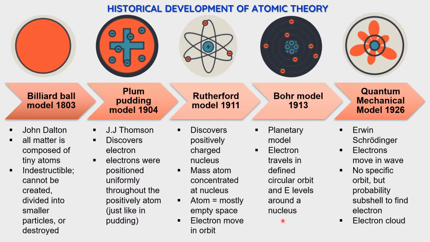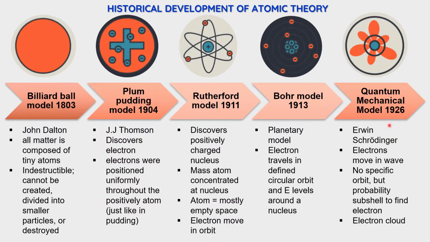So in this model, Bohr improved on what Rutherford could not explain. Bohr's atomic model, however, has some limitations. His theory can explain well for the hydrogen atom or hydrogen-like species. But this model cannot be extended to multi-electron species. So that is one of the limitations of Bohr's atomic model.